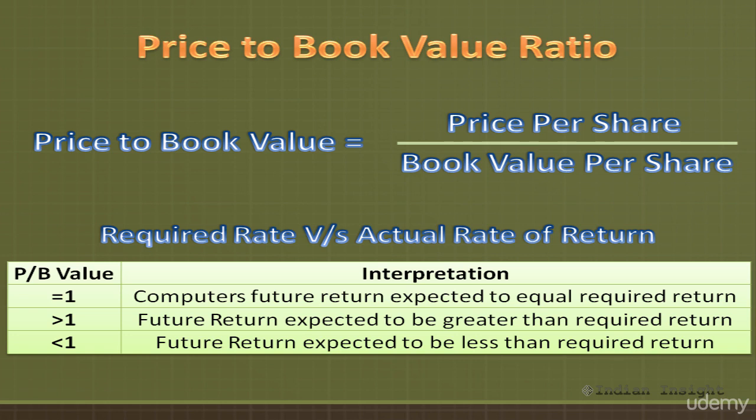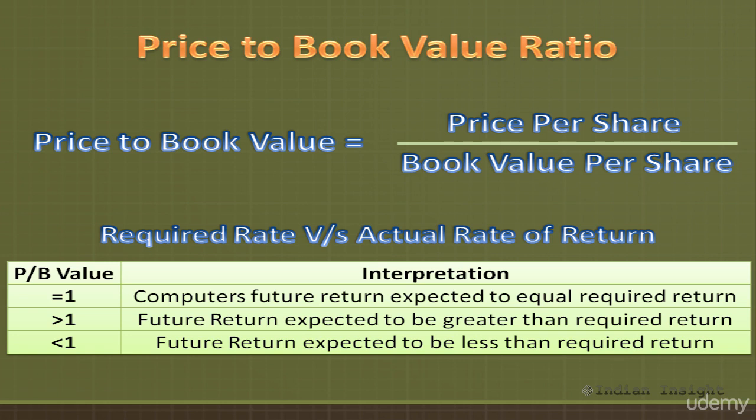Now, using book value as a measure in the price to book value can be misleading, especially when you are valuing technology companies. Typically, technology companies do not have a lot of fixed assets, which means that there is a very high chance that their book values are not truly reflective of their true worth, because their true worth lies in the human resources of their company.